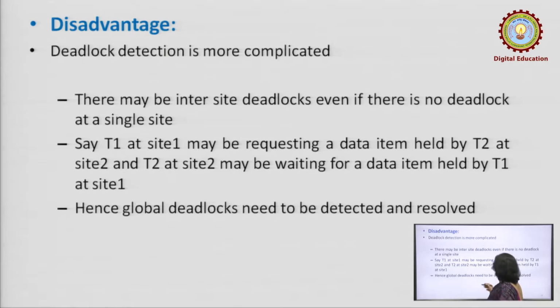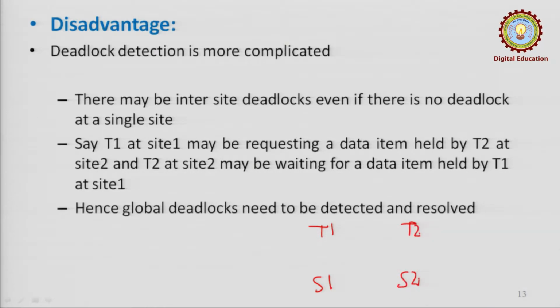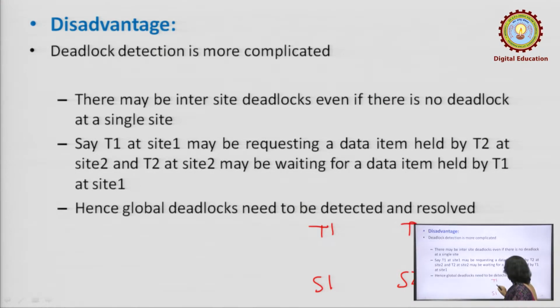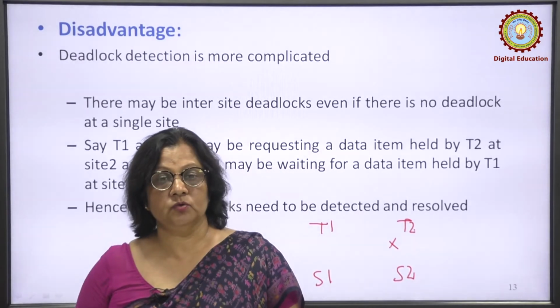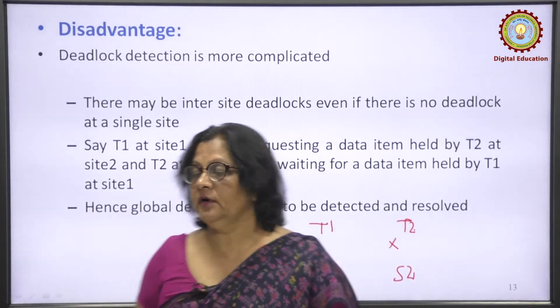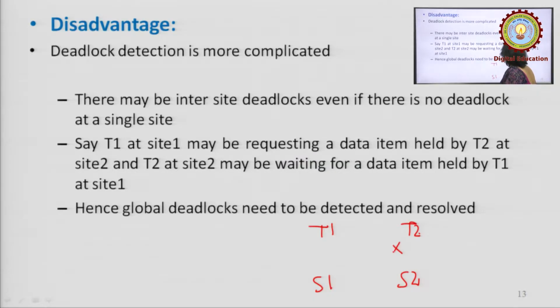Now, let us say T1 is a transaction at site S1 and T2 is a transaction at site S2, and the transaction T1 at site S1 is waiting for a data item X which is held by the transaction T2 at site S2 in an incompatible mode, and the transaction T2 at site S2 is waiting for a data item Y which is held by the transaction T1 at site S1.